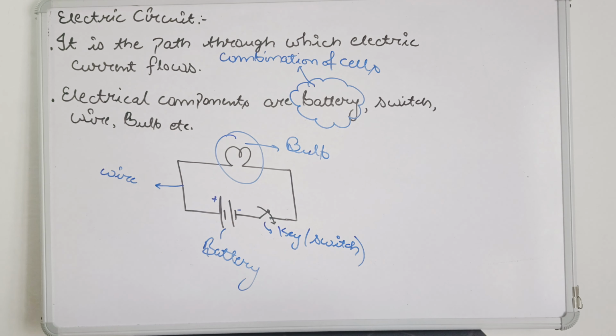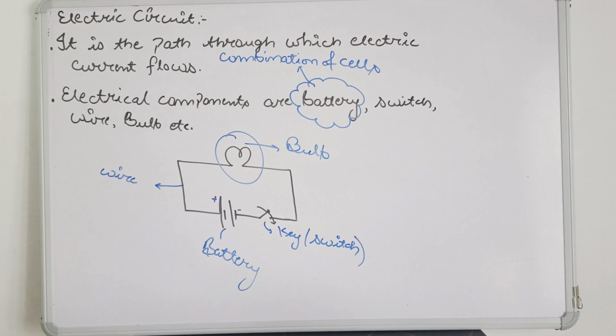If some current is flowing in a circuit, we will deal with this in the heating effect of current. For now, you always remember that an electric circuit is the path through which electric current flows. There are various electrical components known as battery, switch, wire, bulb, etc. These electrical components help us in making an electric circuit. What are these electrical components?